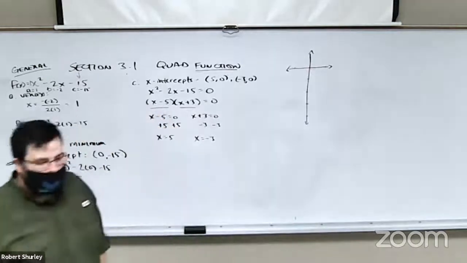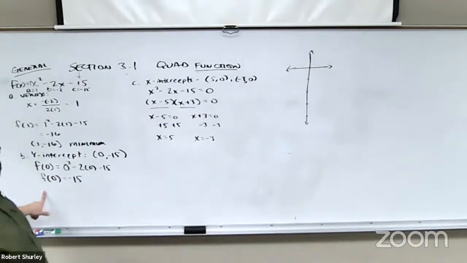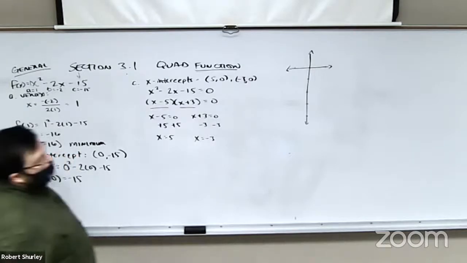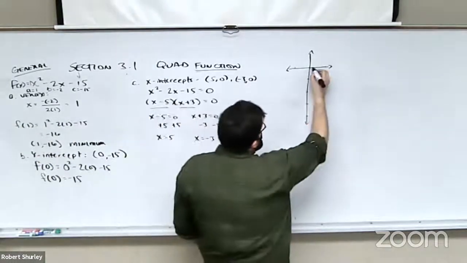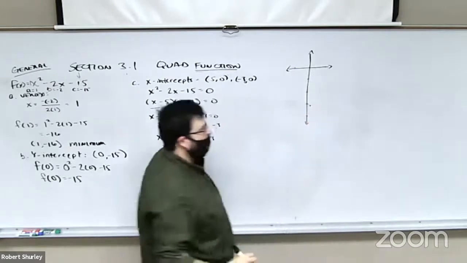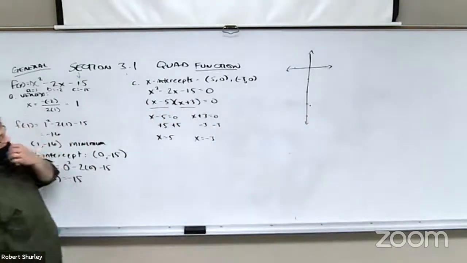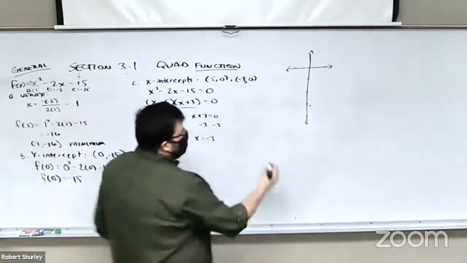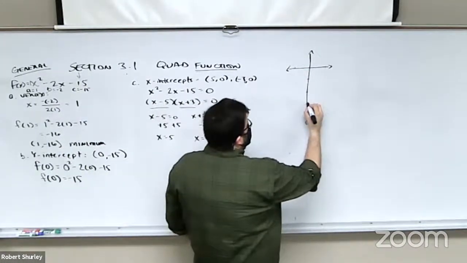I went by 5s because my minimum, which is my vertex, is at 1, negative 16. So about right there. There's my vertex, right? And it's a minimum, so it's going to go up. Now, my y-intercept is 0, negative 15, so it's about right there.